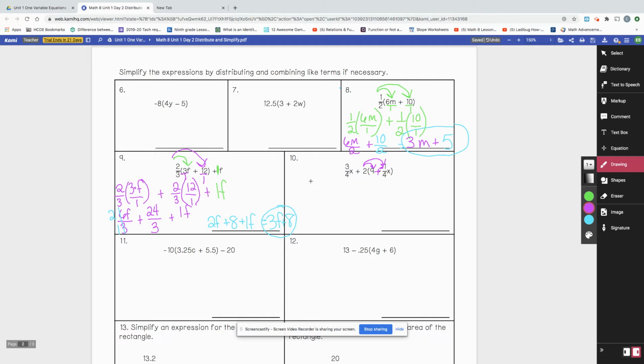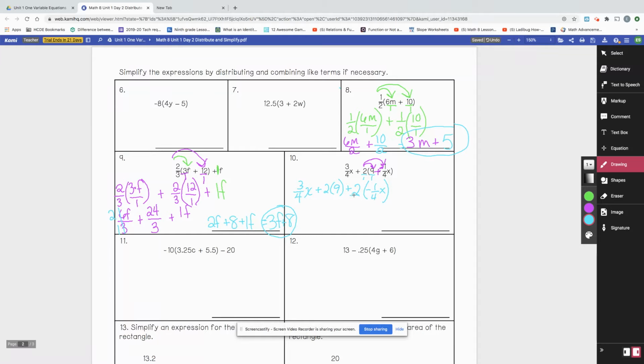So let's show our work. Come down here, bring the 3/4 x plus 2 times 9. Notice I'm not putting a 1 under those, but I could because 2 divided by 1 is 2, 9 divided by 1 is 9. Don't necessarily need to do that. Plus 2 times the negative 1/4 times x.